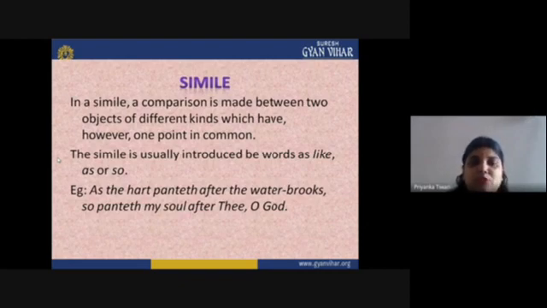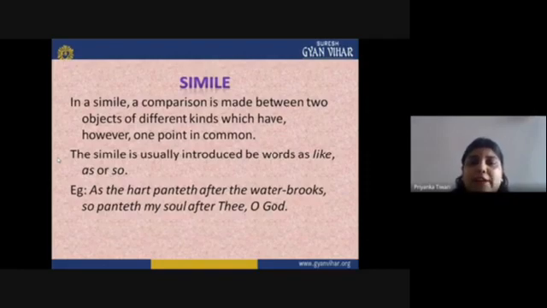We can simply identify and understand the comparison between two objects of different kinds which have, however, one point in common. So first of all, we need to focus on the one point in common in a simile. The simile is usually introduced by words such as like, so, or as.